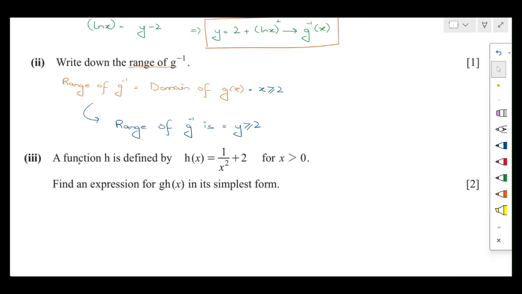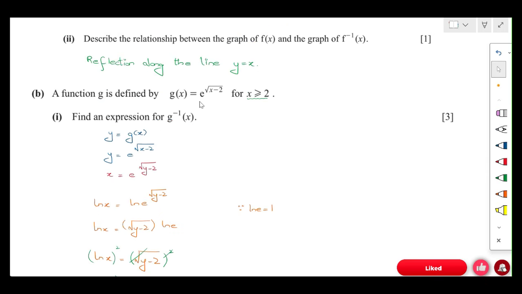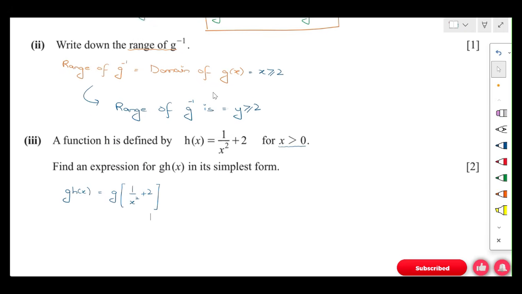Now for the third part, a function h is defined by h of x equals this function for x greater than 0. Find an expression for g h of x in its simplest form. Okay, g h of x. So we have g of h of x, that is g of, and what is h of x? h of x is 1 over x squared plus 2, and g of x is e to the power root of x minus 2.